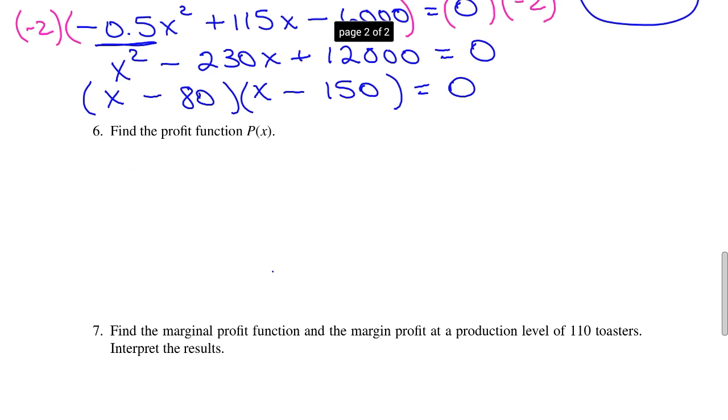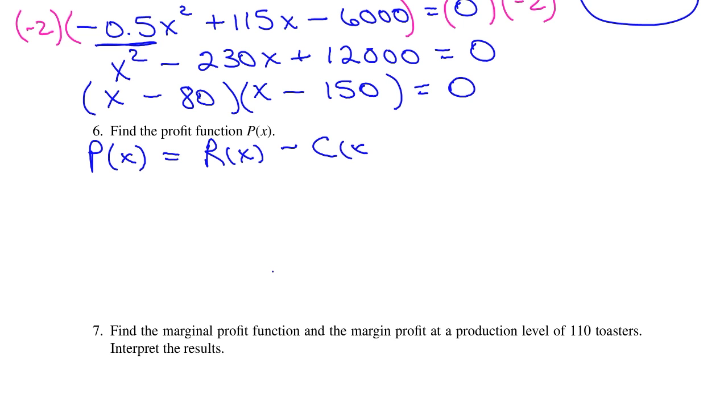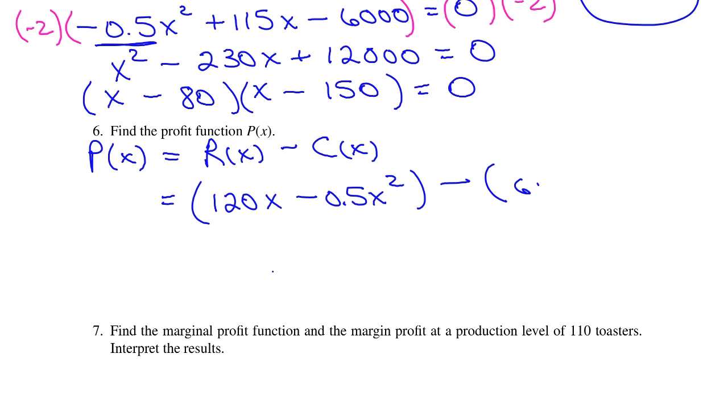Question 6. Find the profit function, big P of x. Well, recall that big P of x, profit, is equal to revenue minus cost. So this would be the revenue function, 120x minus 0.5x squared, minus 6,000 plus 5x.